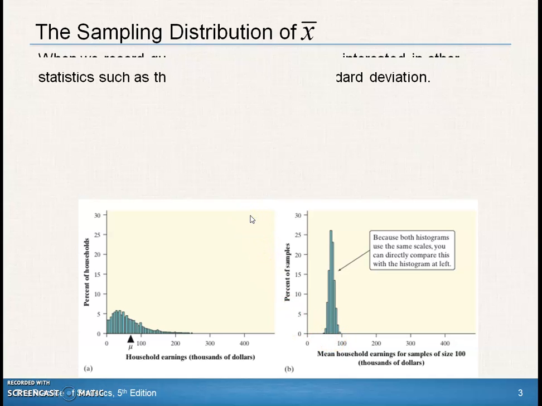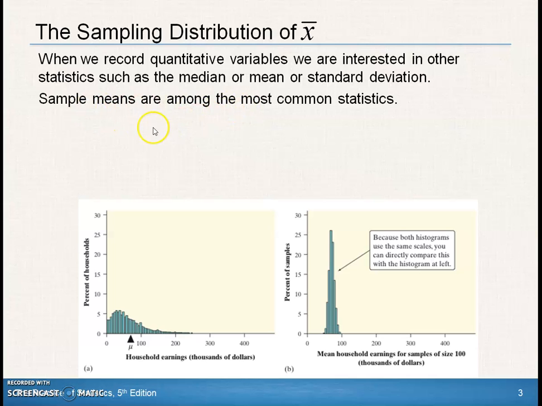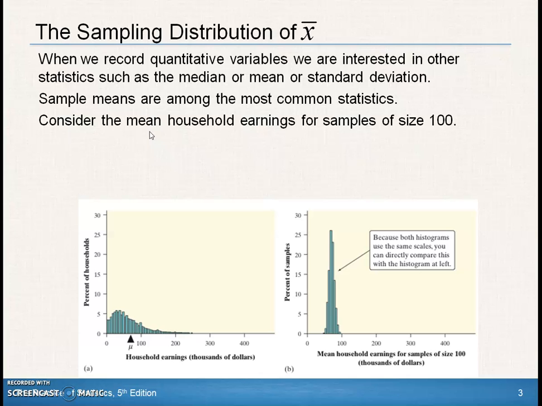So what does that mean? When we record these variables, this is the household earnings, that's the variable we're interested in. Other statistics like the mean, the median, or standard deviation we're interested in also. Sample means are among the most common.